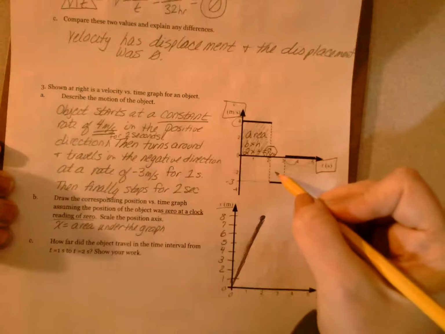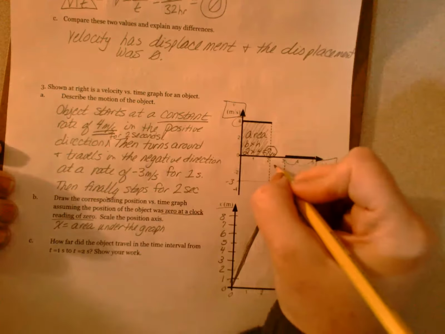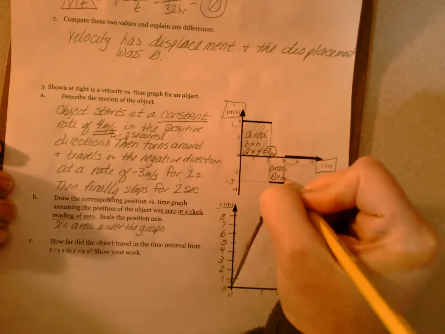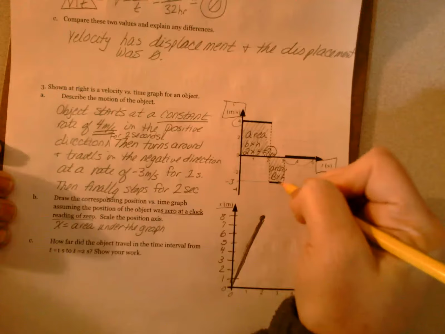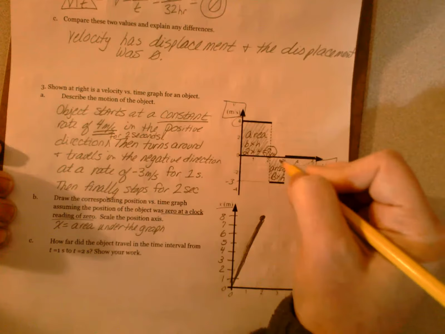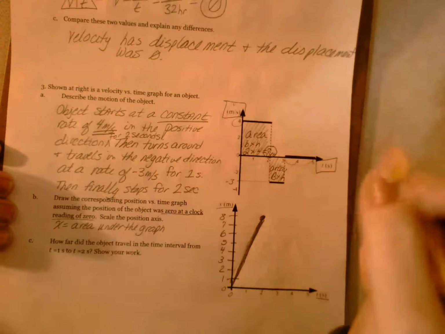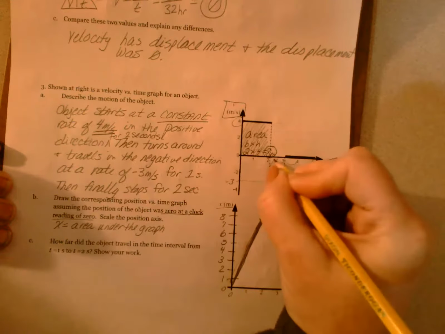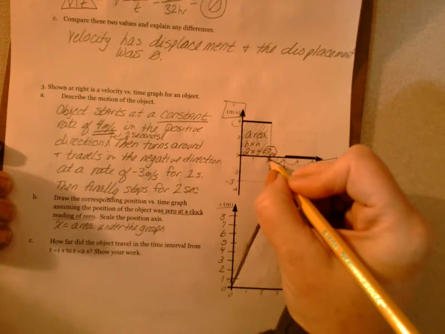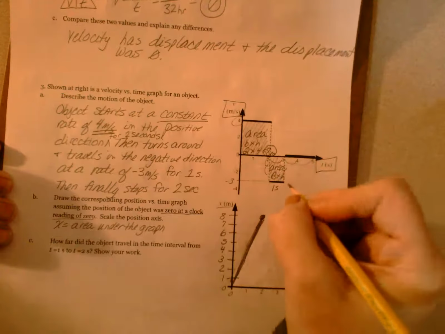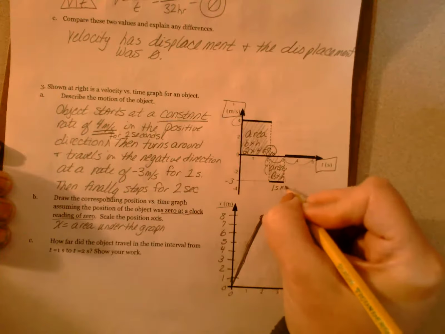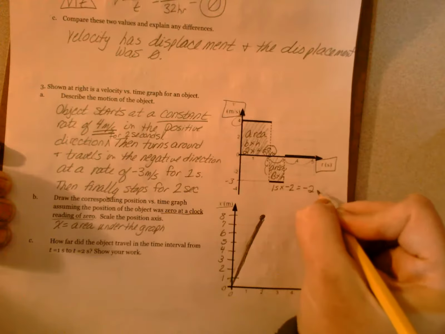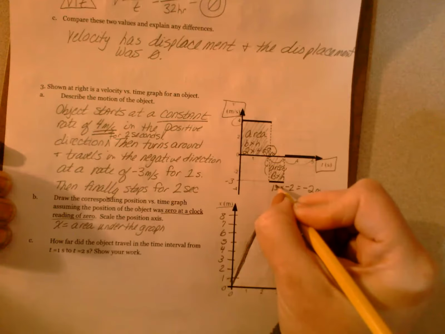Then this section, they go in the negative direction. And again, it's the area. And that's base times height. And we're again taking it from the line of velocity up to 0. So the area in the graph there. So our base is 1 second from 2 to 3. And then our height is 1, 2 times negative 2. So that goes down negative 2 meters. Okay?